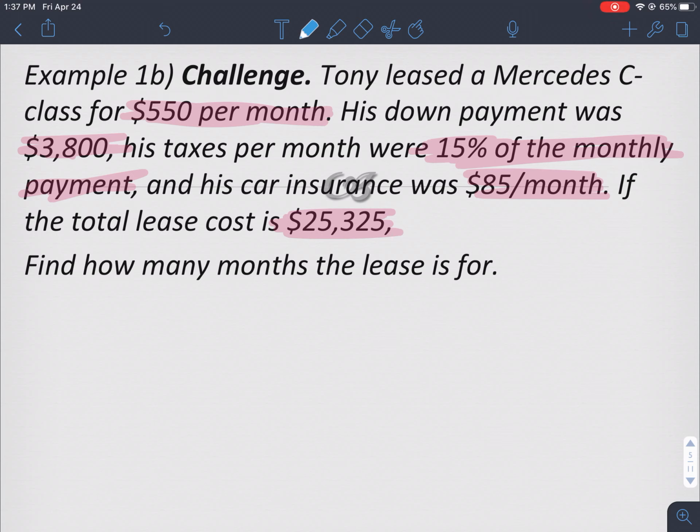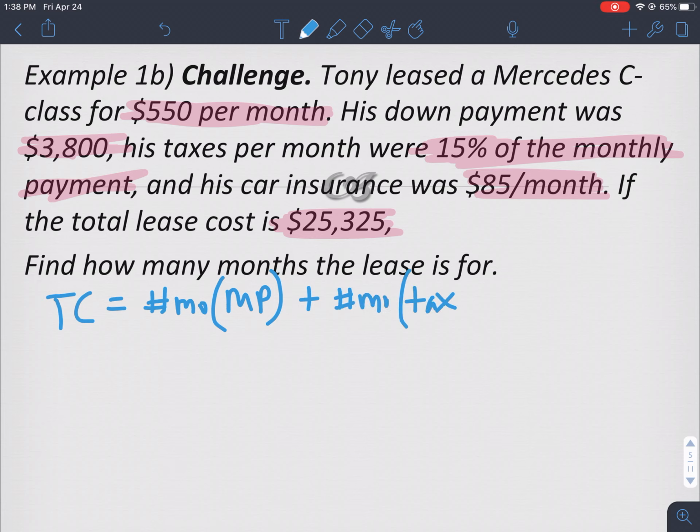So, let's get that total cost formula down. Number of months times monthly payment. Number of months times taxes. Number of months times insurance plus the down payment. All right.